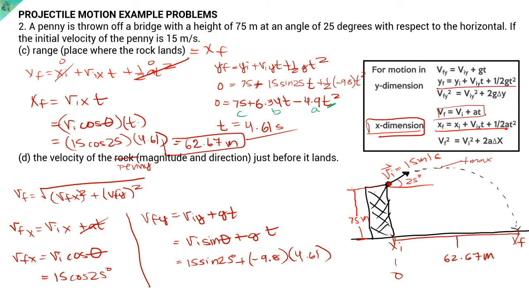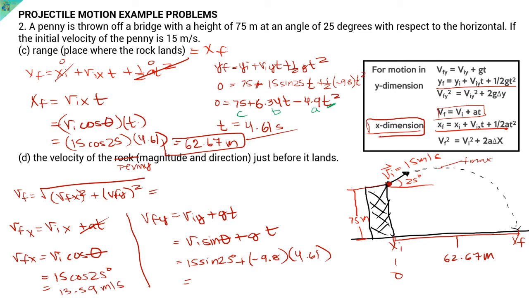Okay, let's compute for both, para madali na lang ilalagay natin dito. 15 cosine 25 is 13.59. So that's 13.59 meters per second kasi nga we're searching for final velocity.